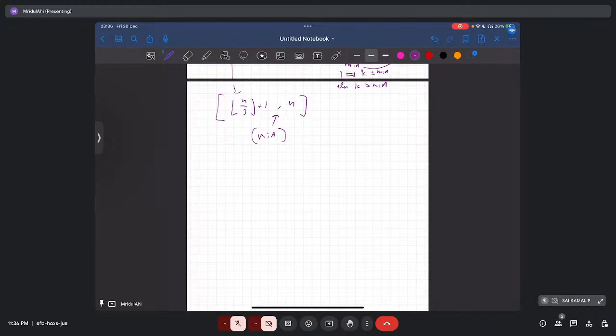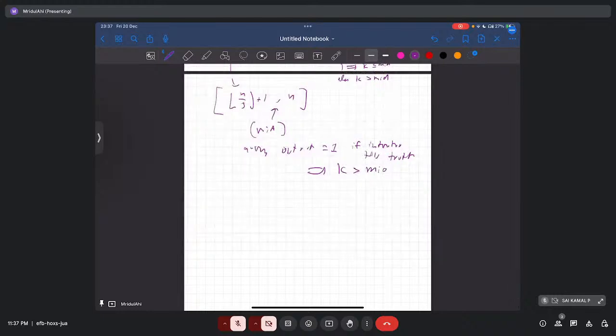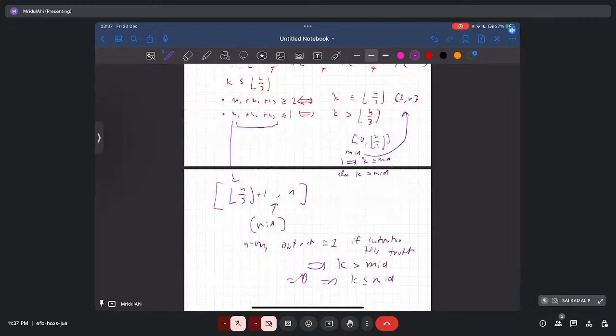Query output equals one if the interactor tells the truth, which implies k is greater than mid. Otherwise, if it is zero, that implies k is less than or equal to mid. So again, we can binary search for the second condition also.